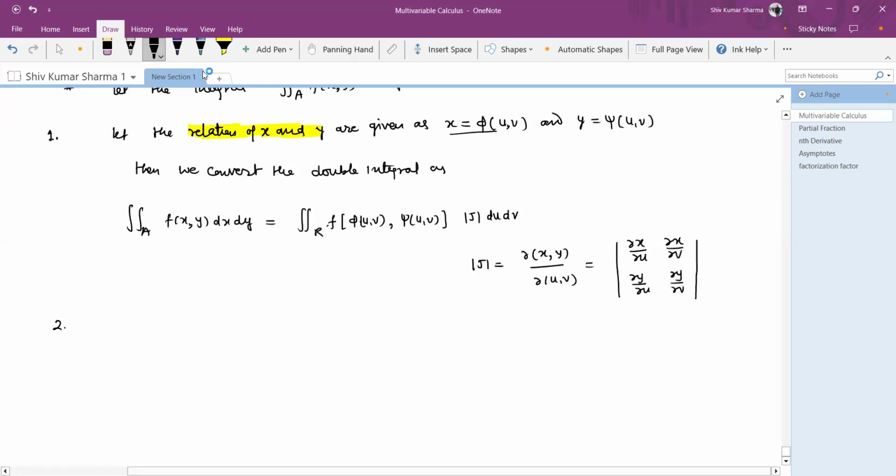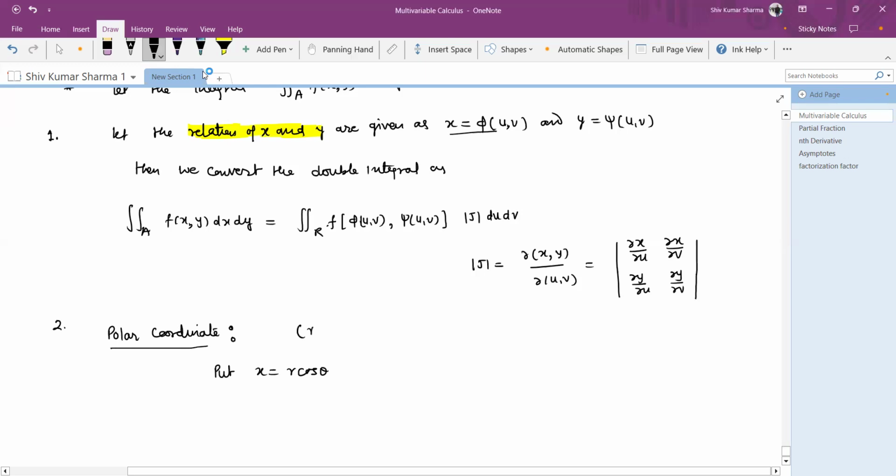Now the second form we basically use for the polar coordinate system. In the coordinate system, first we have written the Cartesian form. Now how do we convert it into the polar form? For the polar form we put x is equal to r cos theta, y is equal to r sin theta.